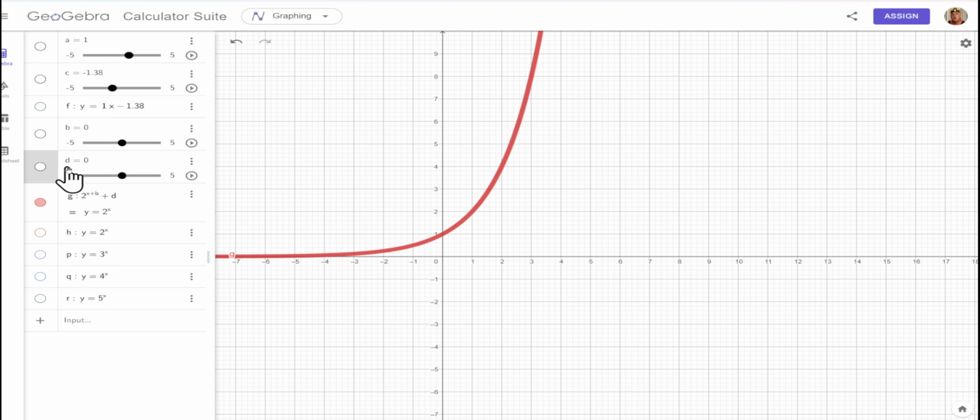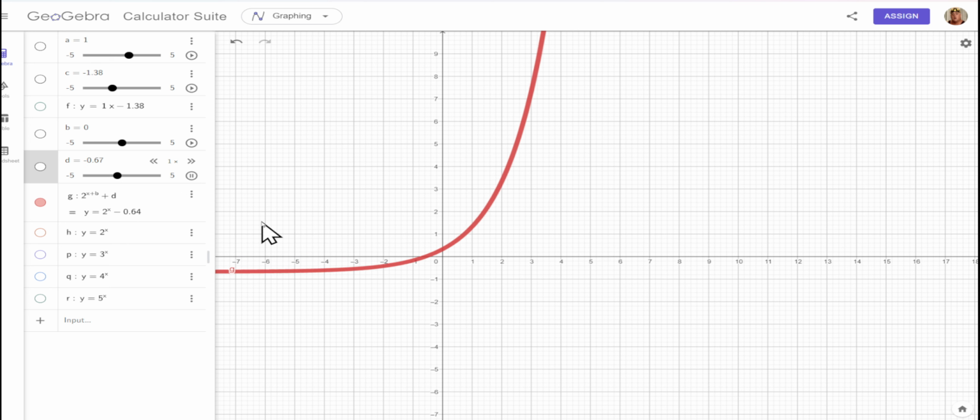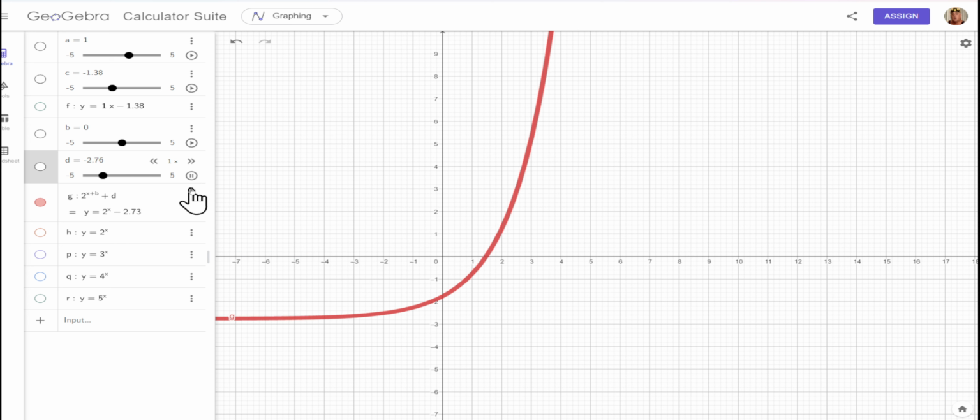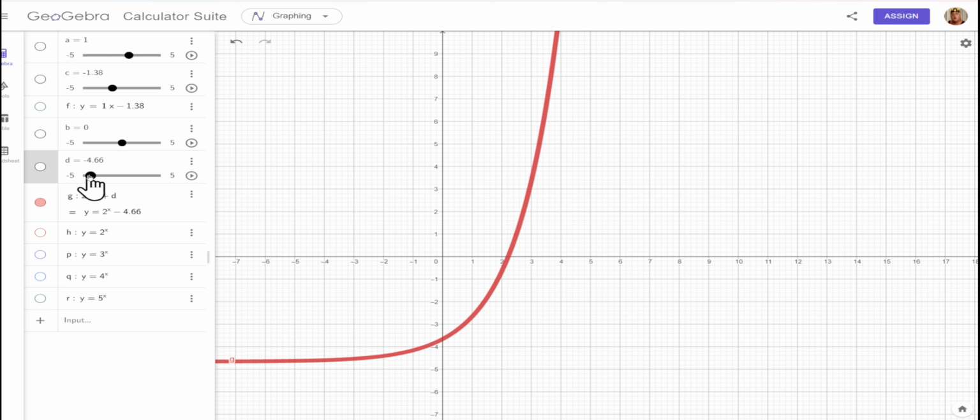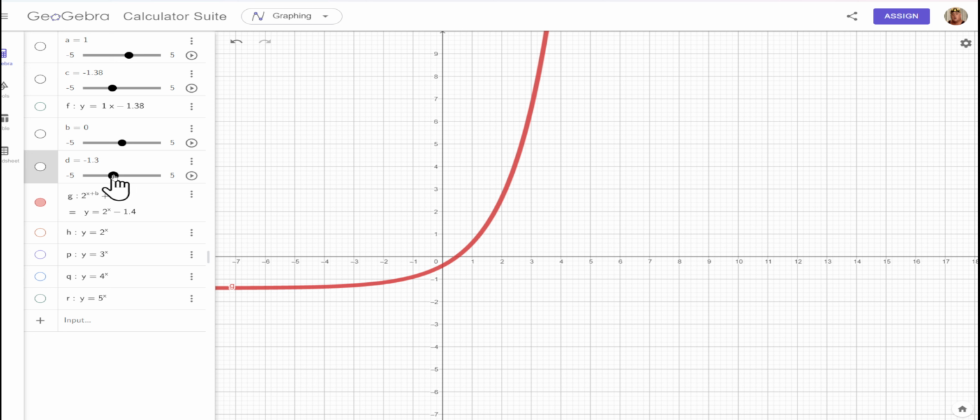The answer is kind of a strange one. If you look at this graph here, y equals 2 to the power of x plus b, I'm going to change that b and watch what happens. No, tell a lie, I was changing the d.